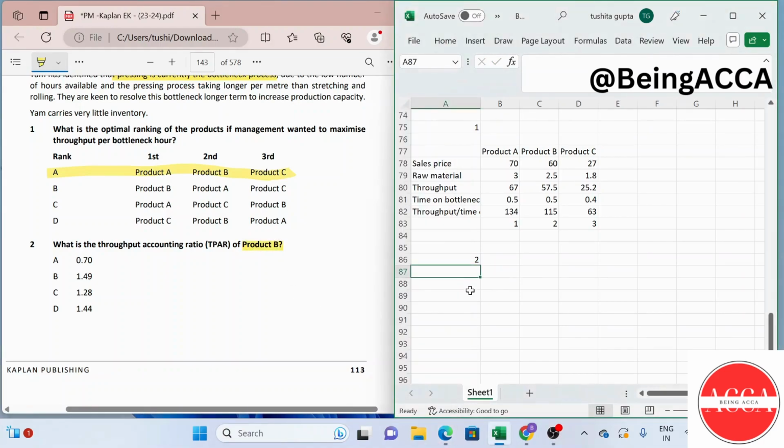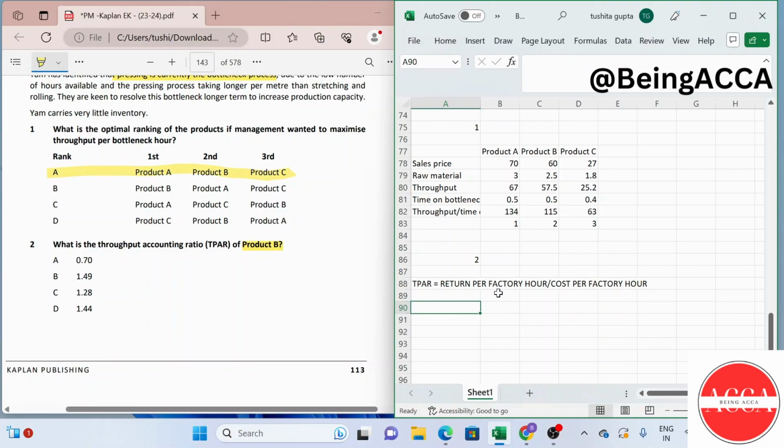First of all, we need to recollect the formula of TPAR. How do we calculate TPAR? TPAR is nothing but your return per factory hour divided by cost per factory hour. So this is the formula that I have.